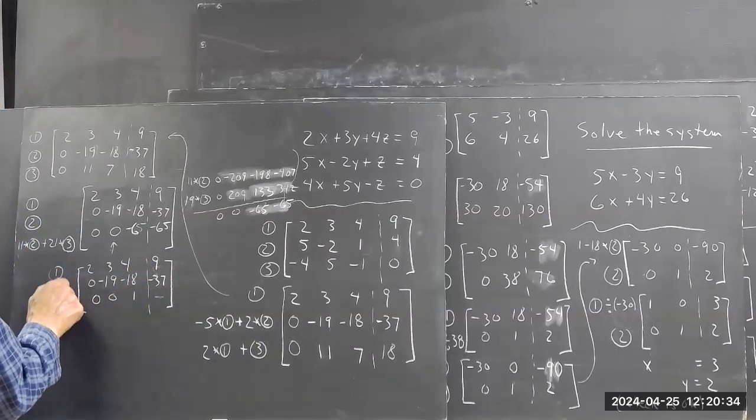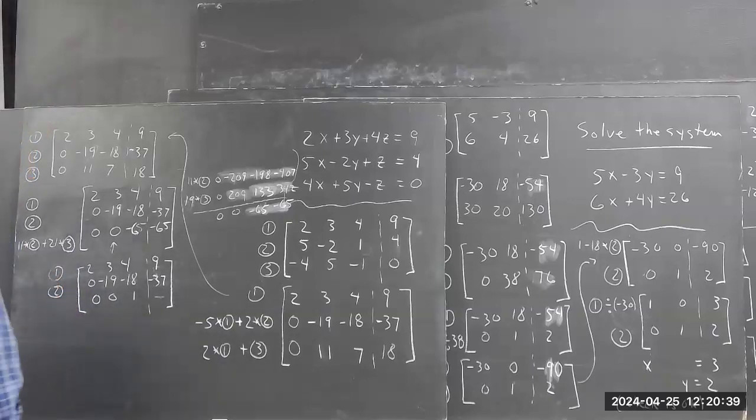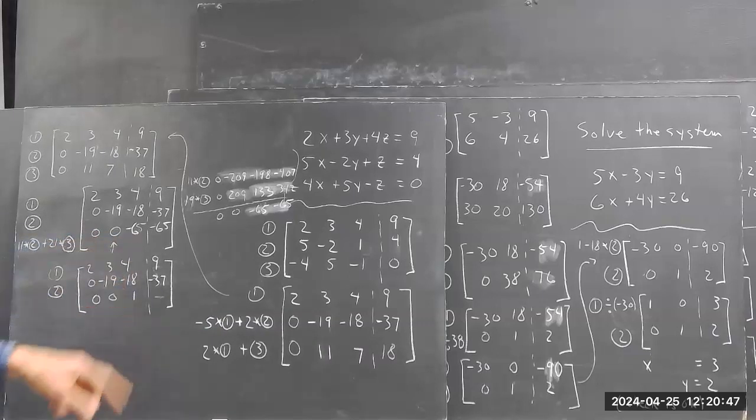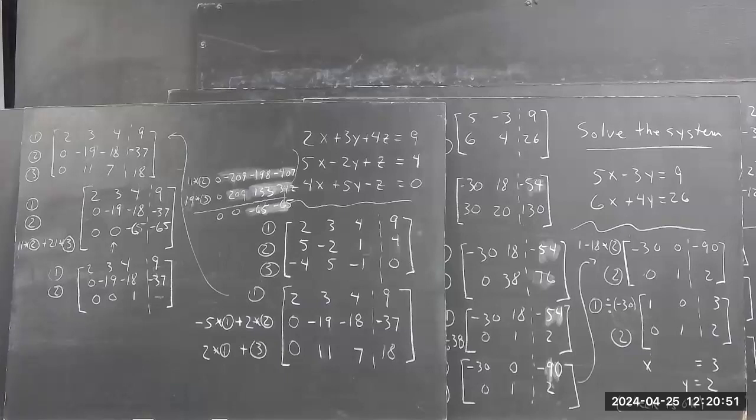So row 1 and row 2 are going to remain unchanged. What am I going to do to row 3 in order to get a 1 in this position? Okay, so I got a quick answer on that.